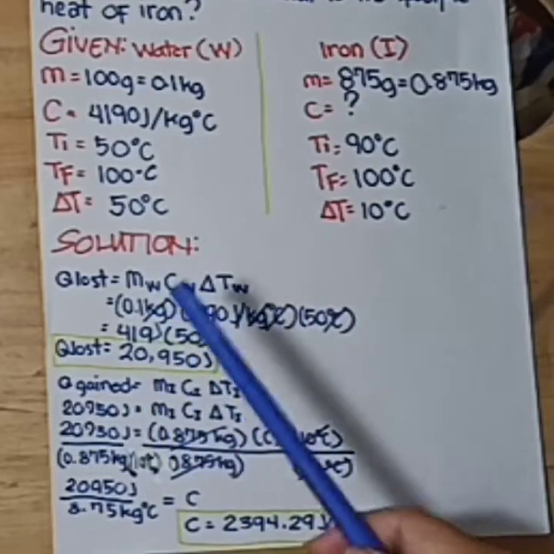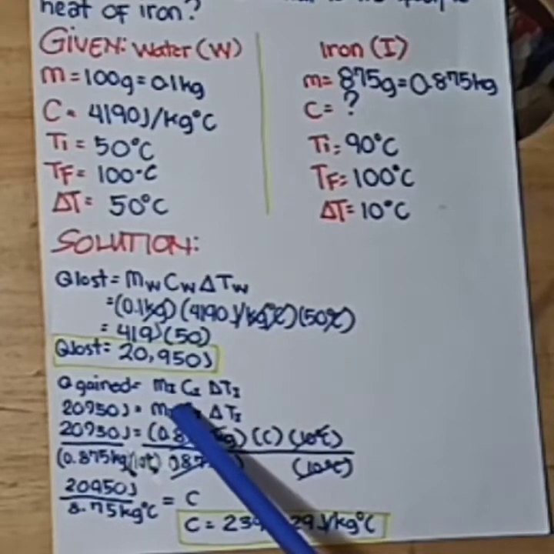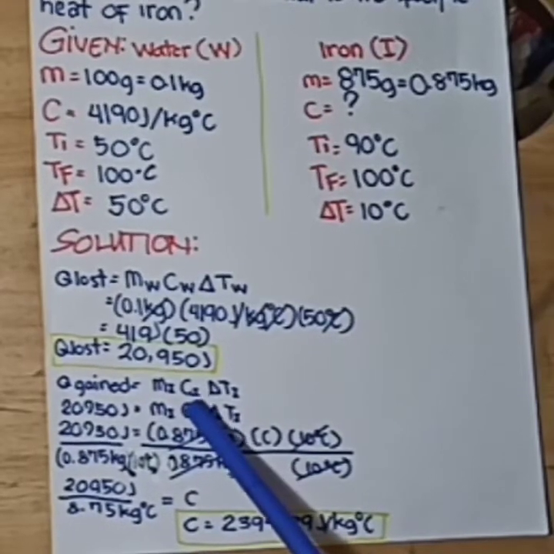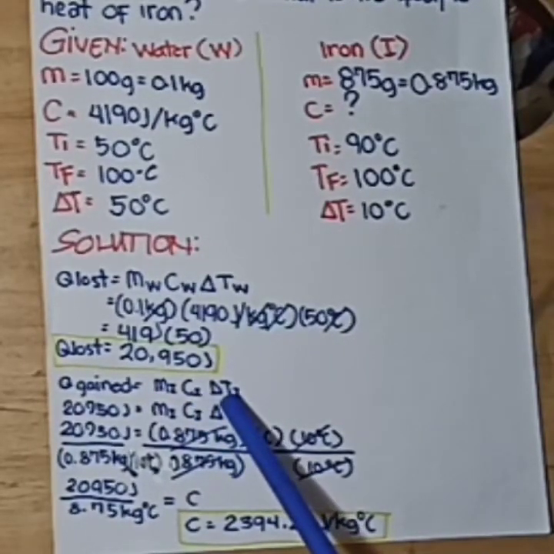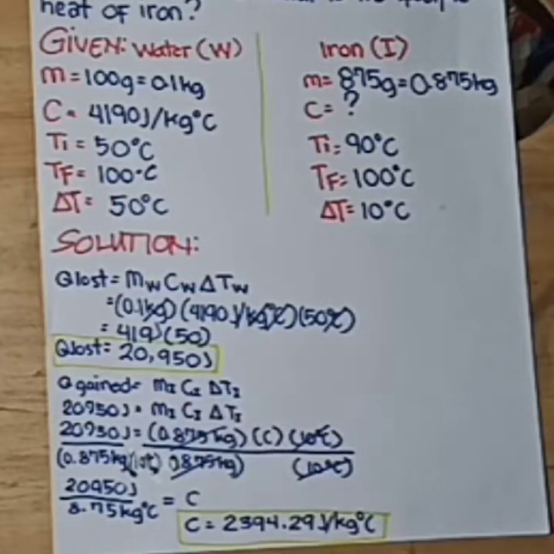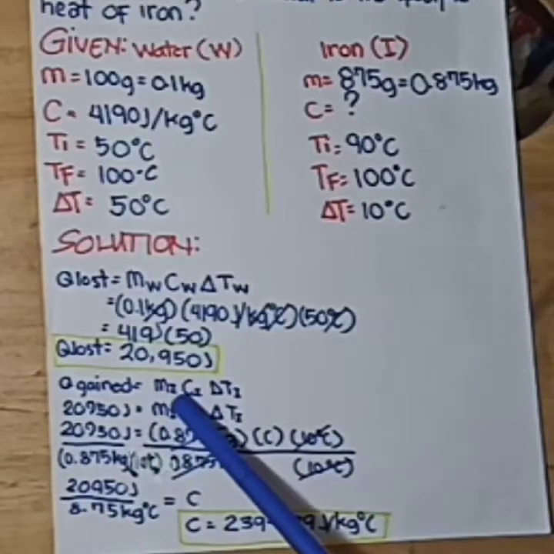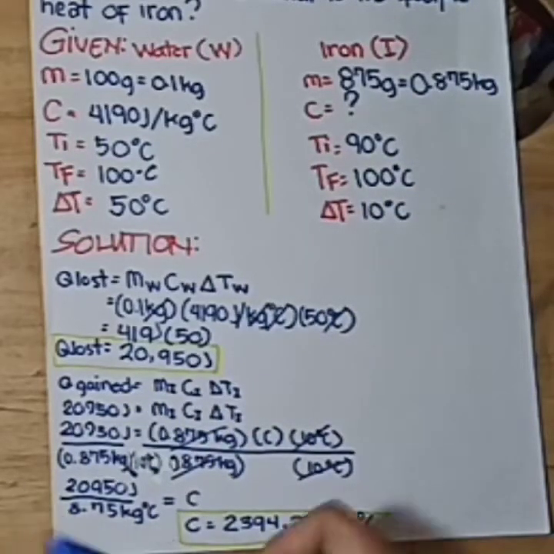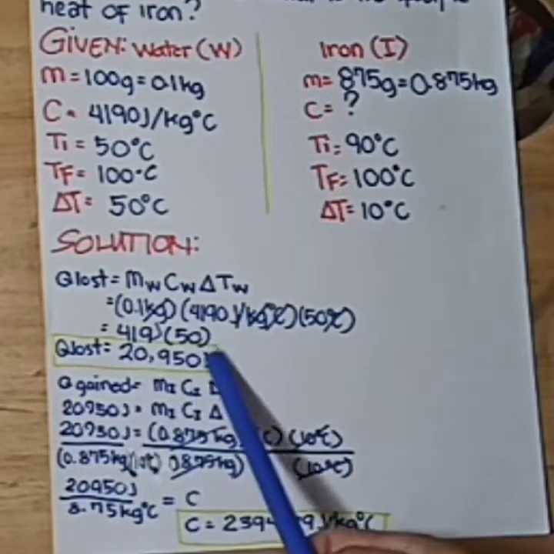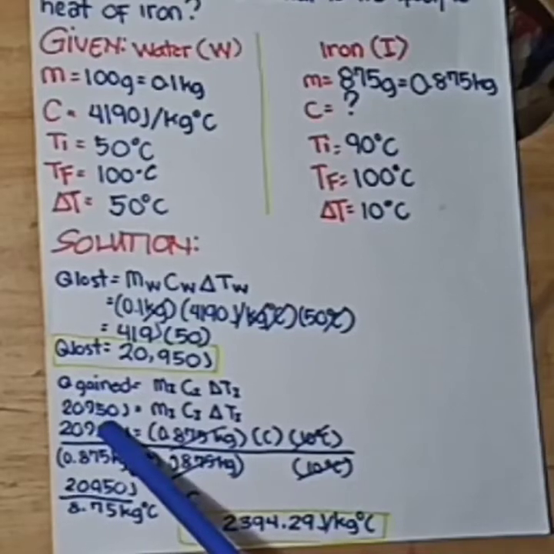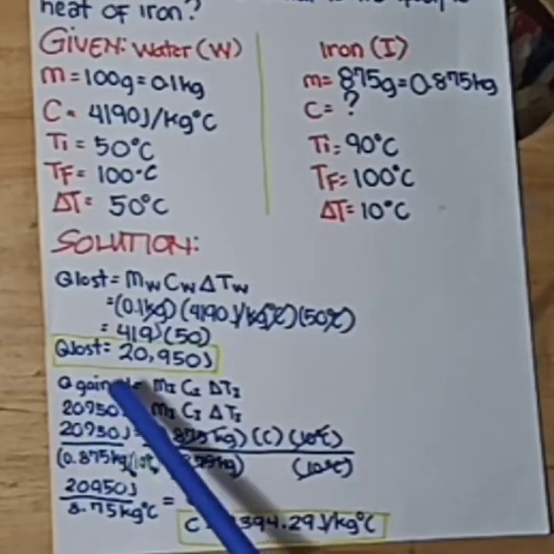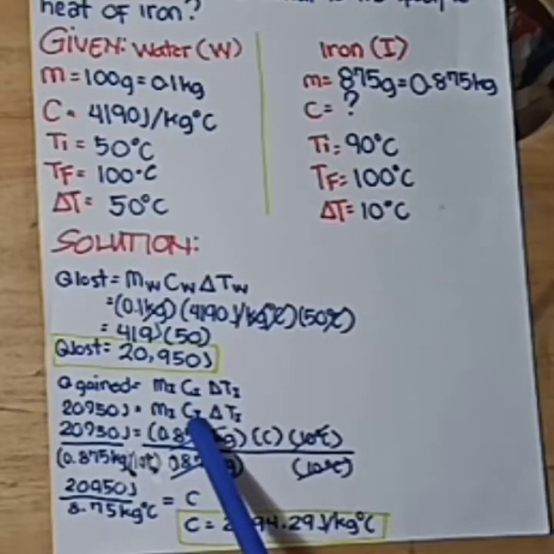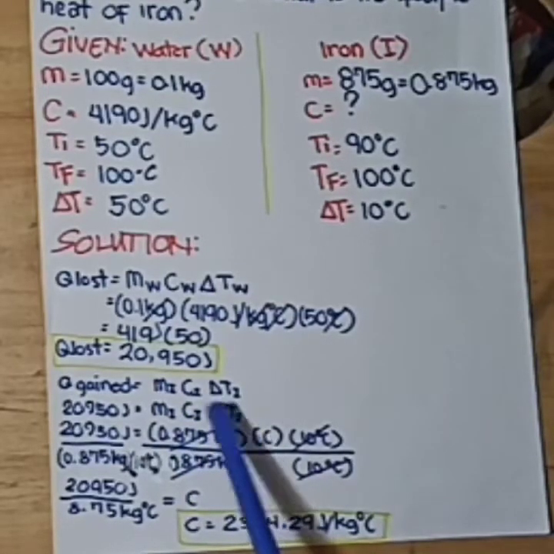The Q gain formula is mass times specific heat times change in temperature, and we put the letter I here, which indicates the iron. We just copy here: 20,950 joules is equal to mass times specific heat times change in temperature.